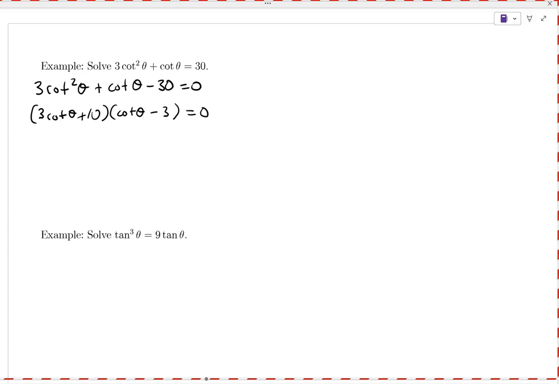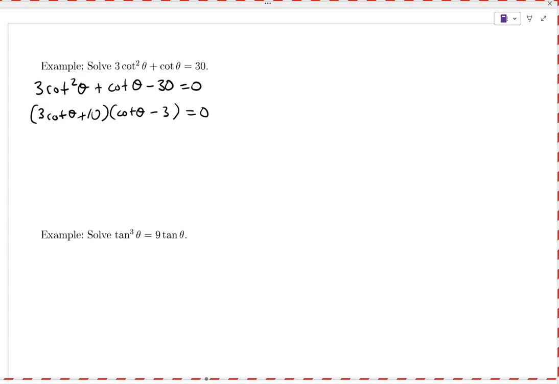If you haven't seen this before, you can use what's called the AC method to help factor. Let me show that real quick. So rather than writing the cotangents in here, if you're trying to factor this using the AC method, the first thing you do is multiply the coefficient on your x squared, usually referred to as the A, and the constant, which is the C. That gives me negative 90.